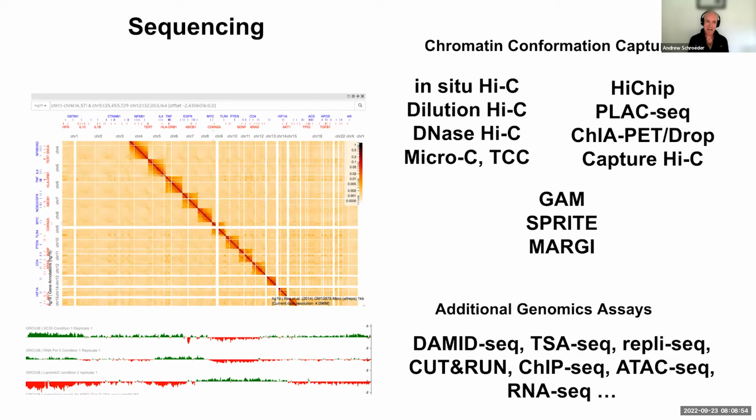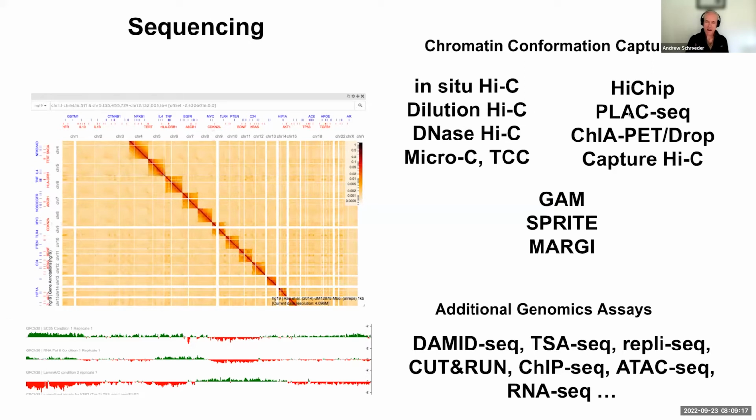The sequencing technologies are focused on chromatin conformation capture, or Hi-C assays, which are the workhorse of elucidating the three-dimensional structure of the chromatin. On the top left here, there are various variations of this Hi-C technology, datasets that we have in the portal.